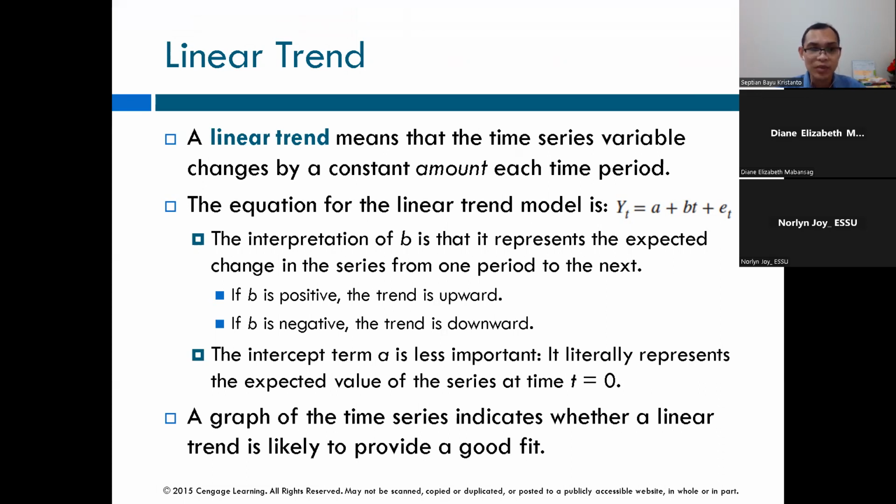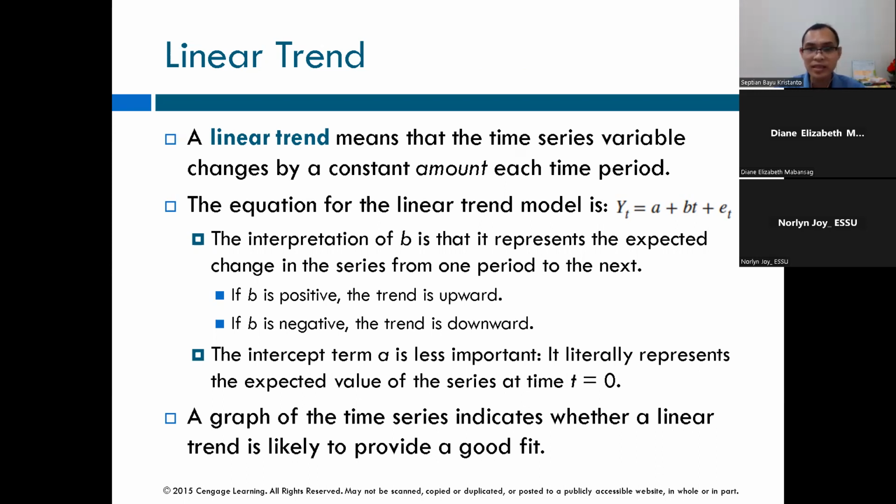So for the interpretation, it depends on the sign of your beta. If your sign is positive, it indicates that your trend is upward. But if your beta is negative, it indicates that your trend is a downward pattern. So be careful about the sign of the beta.